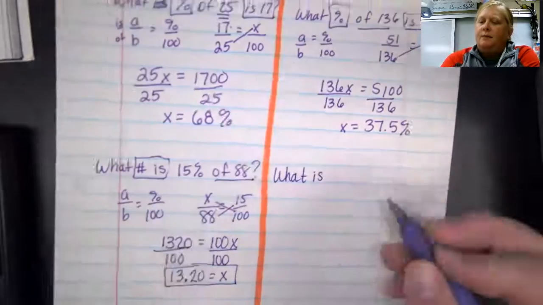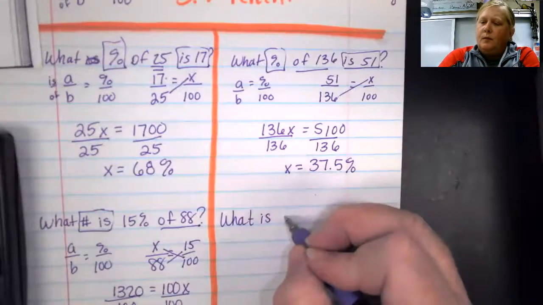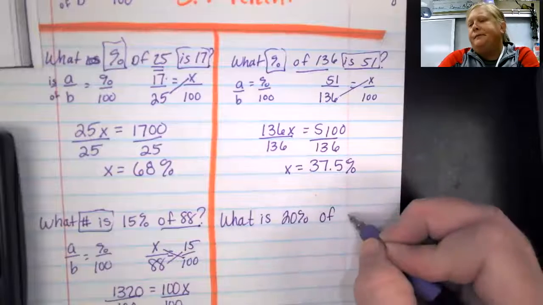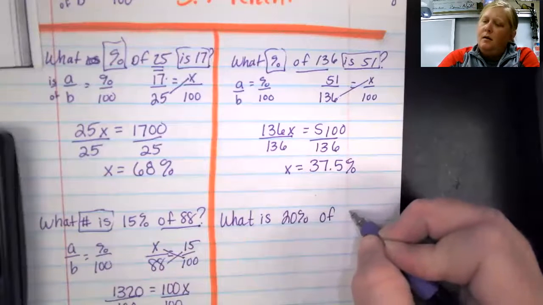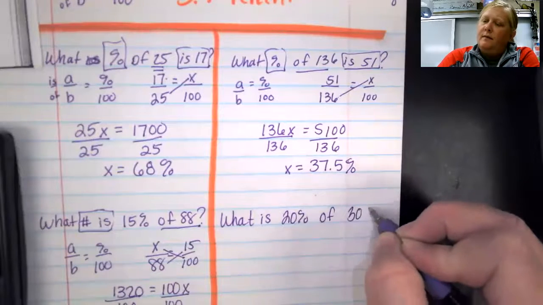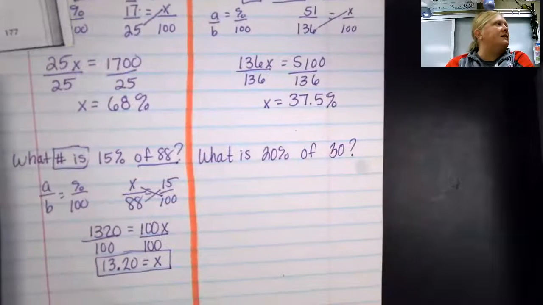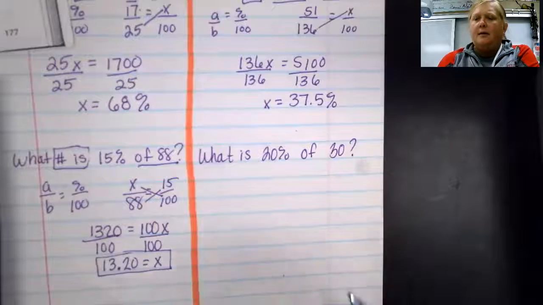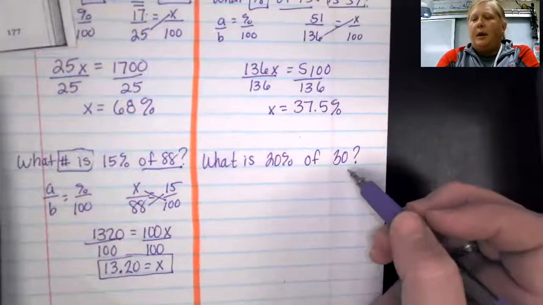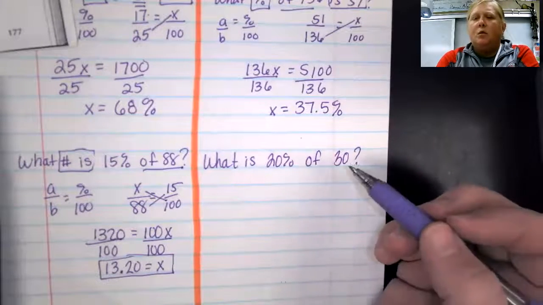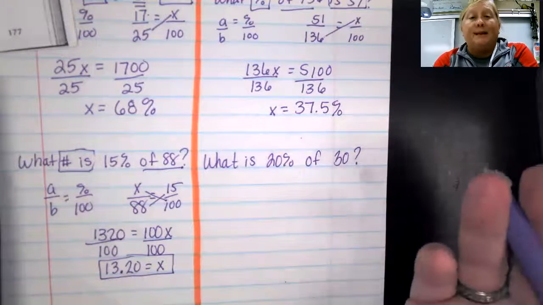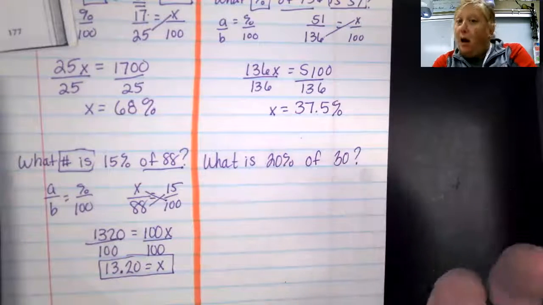What is 20% of 30? Let's think about this as a shopping question. I'm going to the store and I have a $30 pair of jeans. 20% of that would be my sale, like 20% off.